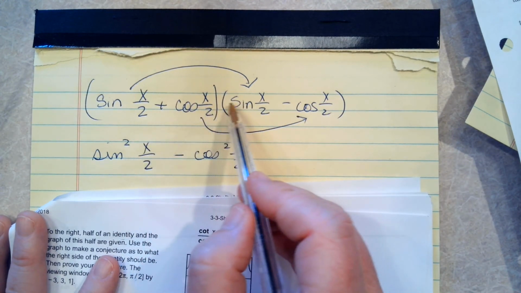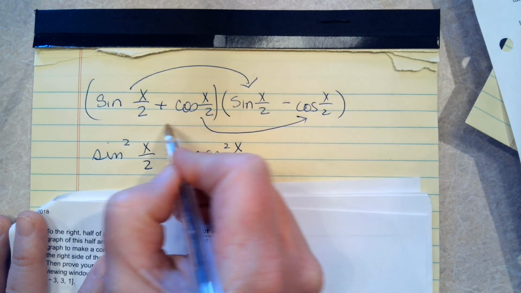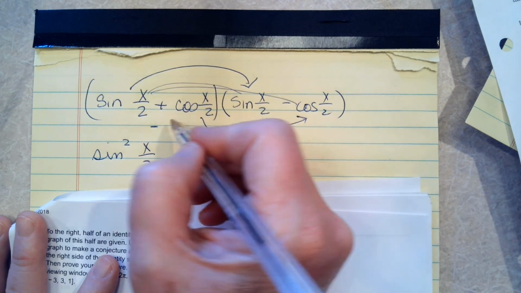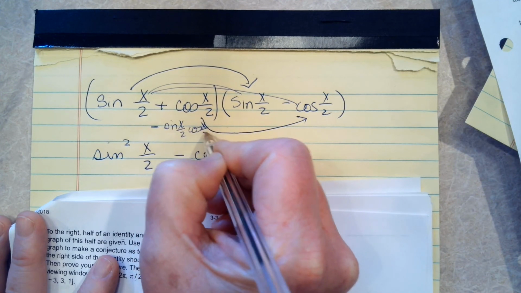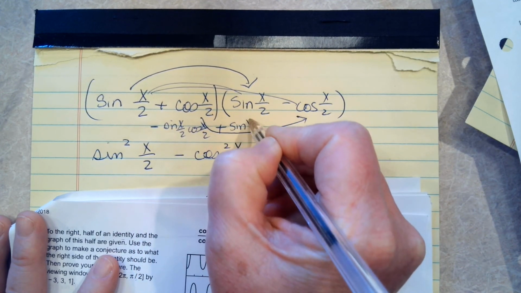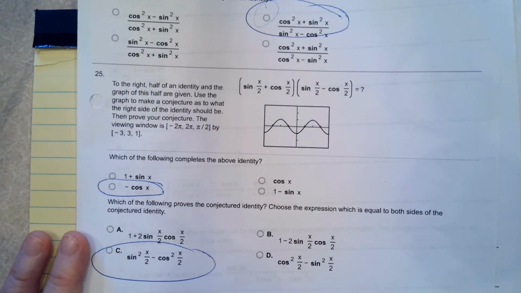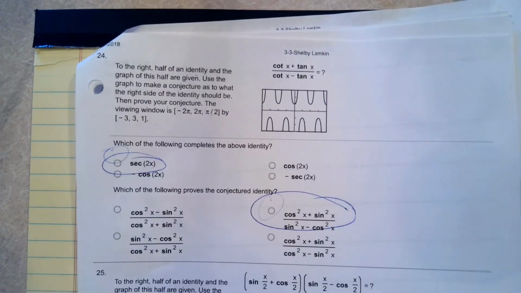I knew that that was going to be the difference of squares, and the middle two terms were going to cancel, but if you need to see that, this is minus sine x over 2 cosine x over 2, and then it's plus sine x over 2 cosine x over 2, those are the middle terms and they end up canceling. And then that takes you straight here to this answer, which is sine squared x minus cosine squared x.